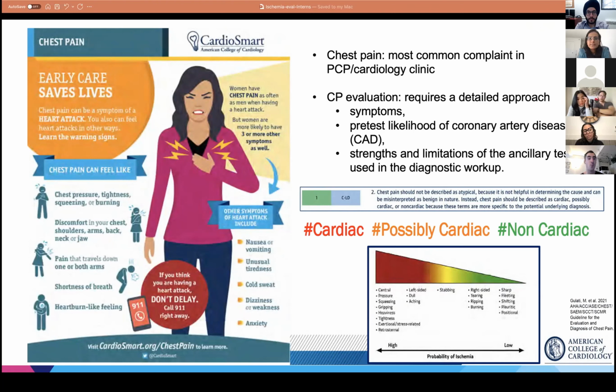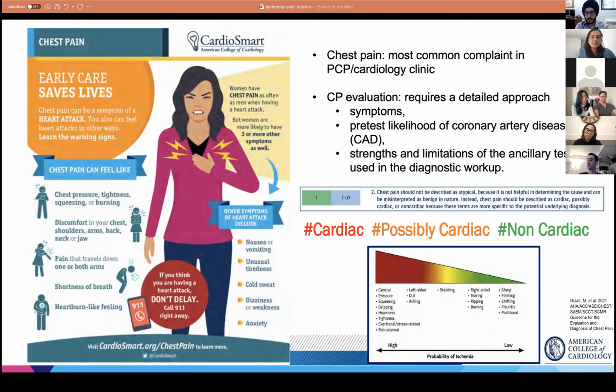Whenever we evaluate chest pain, you're not only looking at the symptoms, but whenever you're talking to the patients, you're trying to assess the pretest likelihood of coronary artery disease. Is this chest pain related to the heart, or because of coronary artery disease, or is it because of something else?